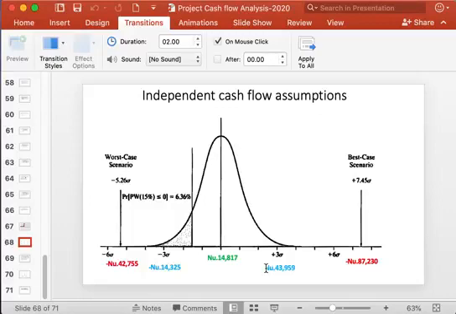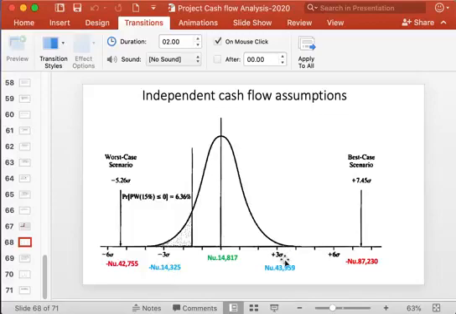So now if we try to find out the Newton value of the present worth at minus 3 standard deviation, then we have 14,325.